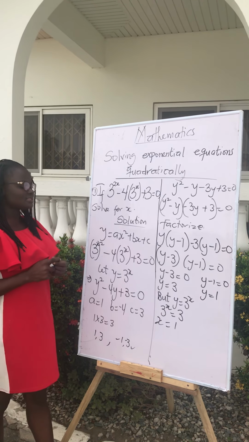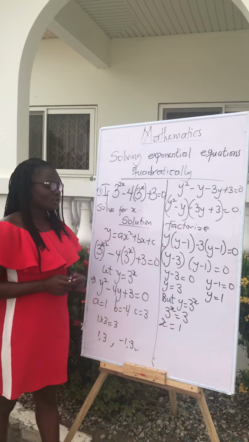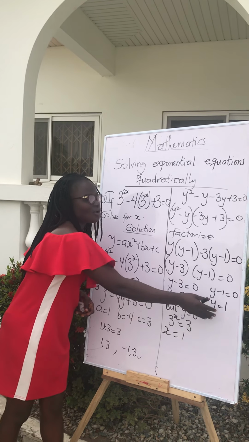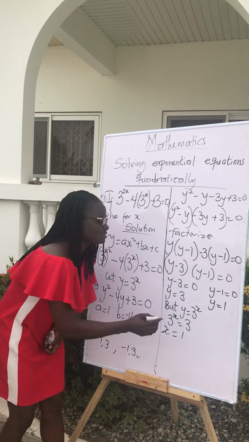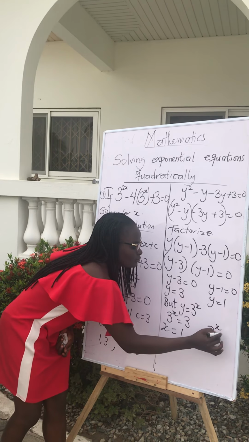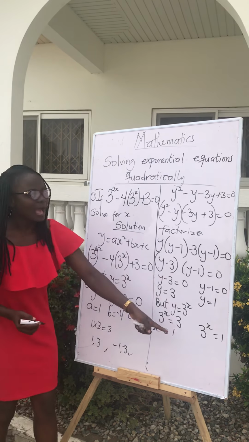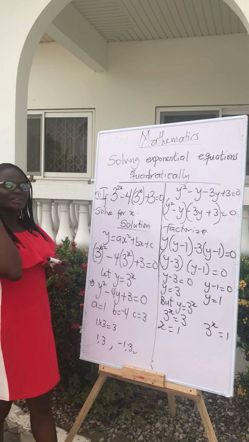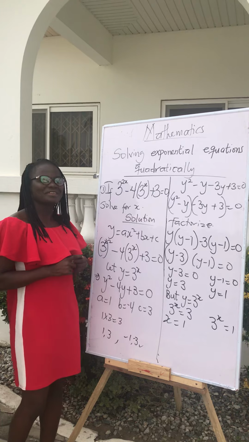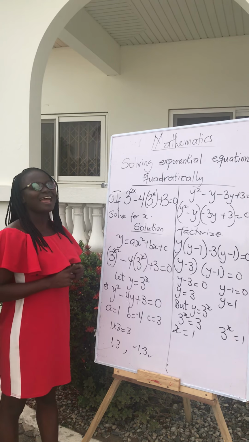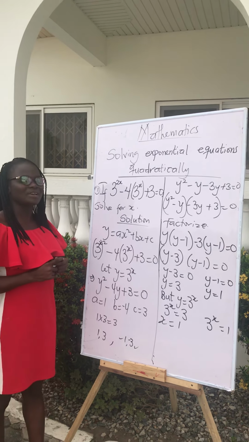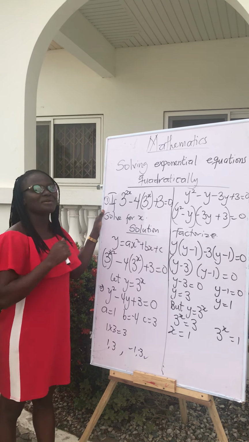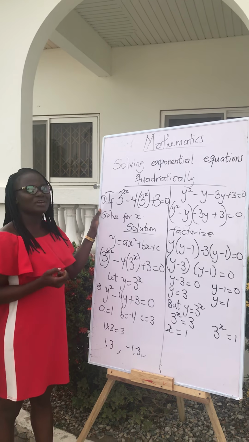Then the second y. We also substitute 3 exponent x over there to give us 3 exponent x equals 1. How did we get our 1? In one of our previous lessons, we proved that any non-zero number exponent 0 will give us 1.